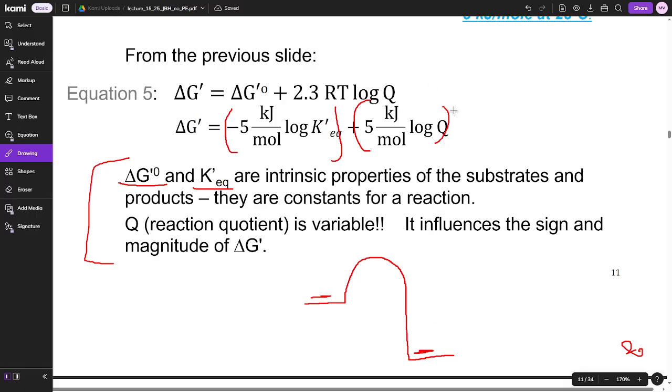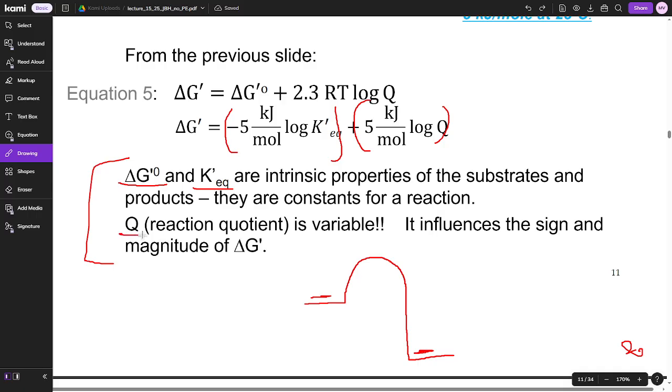When we do all of this delta G, like this Q, all this stuff, we're taking into account how far we are away from equilibrium, because we want to reach that equilibrium state. So while delta G naught is constant, just the difference between these two, Q is very much variable.